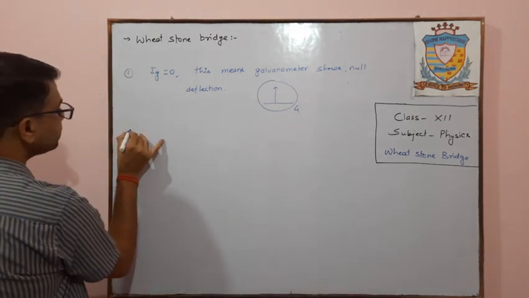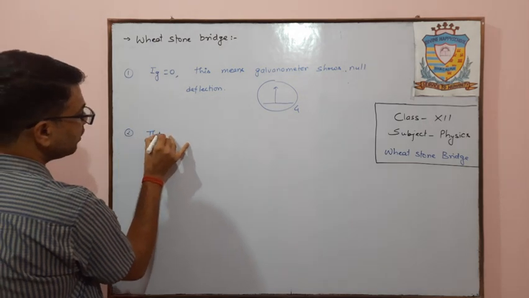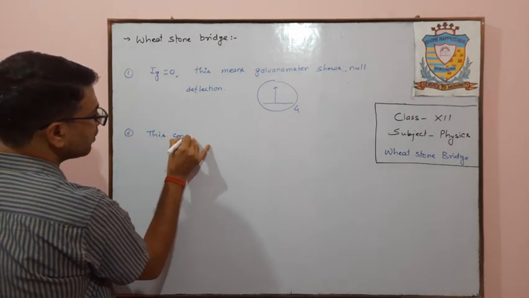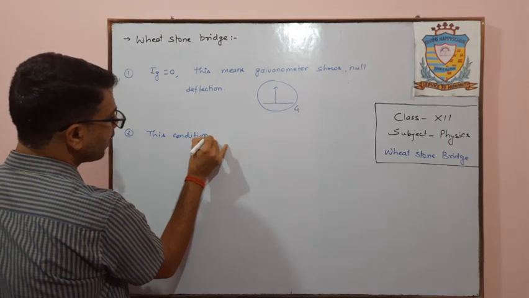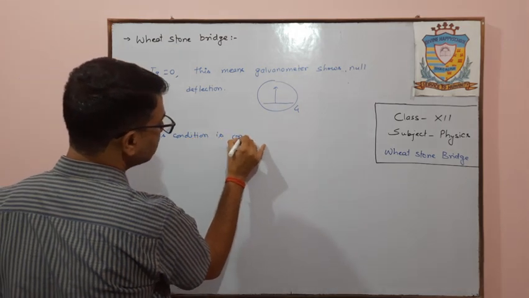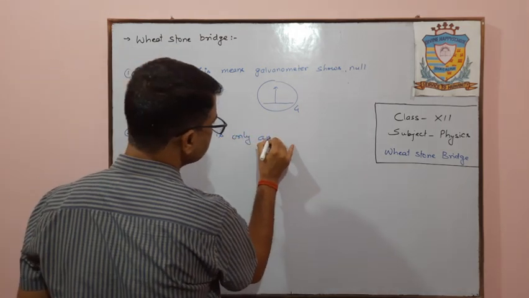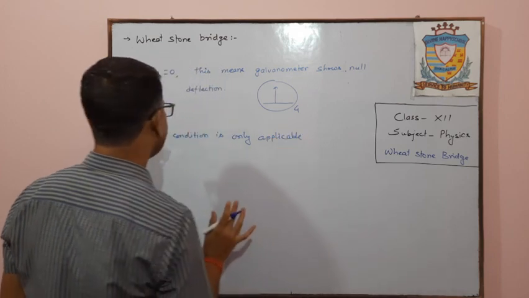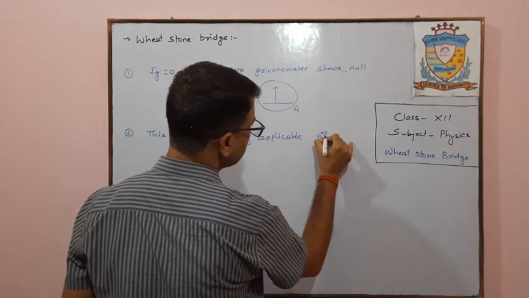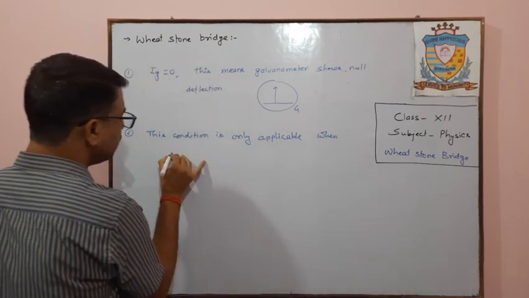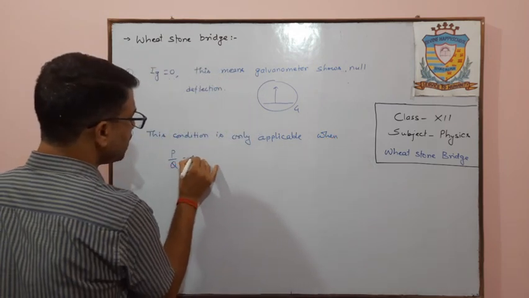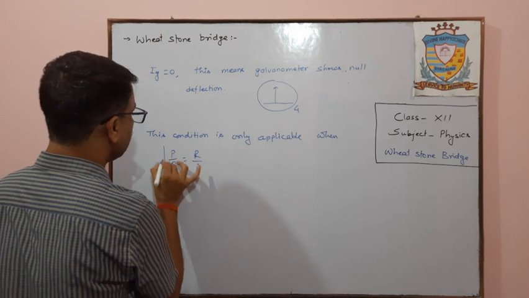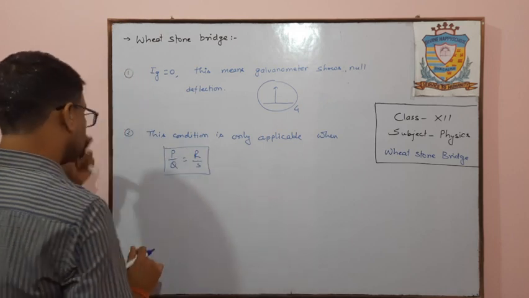Second, this condition is only applicable when P by Q is equals to R by S. Clear?